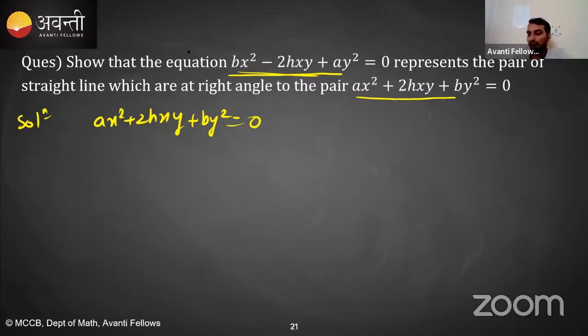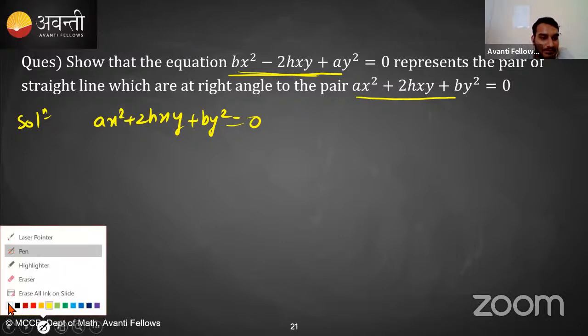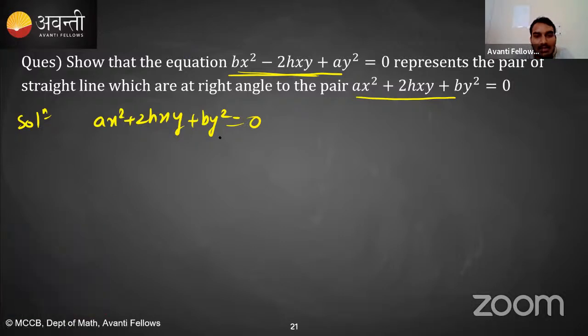Okay, let's see. Look at the question again. This is representing a pair of straight lines passing through the origin. So let's say one line is y is equal to m1x and another line is y is equal to m2x. Let's assume the two lines passing through the origin are y is equal to m1x and y is equal to m2x.